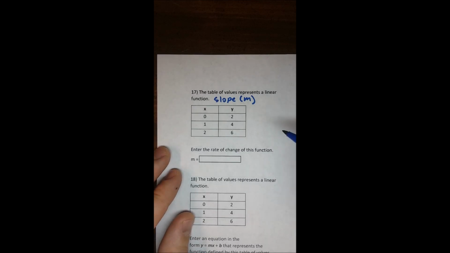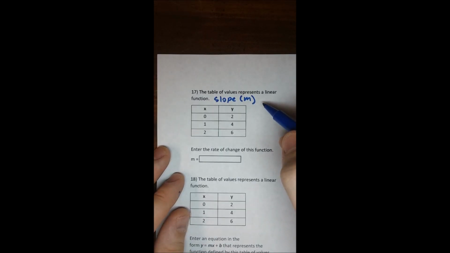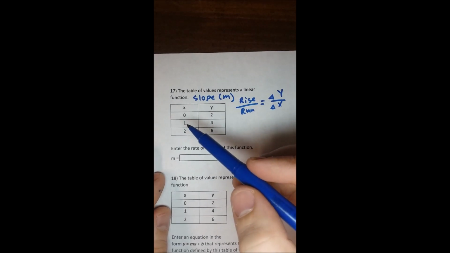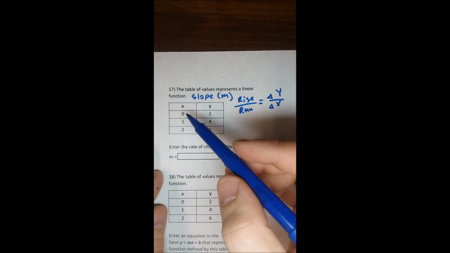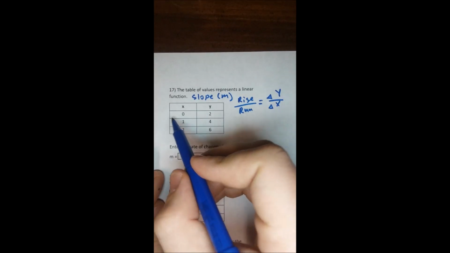Next two questions, I'm going to show you a little trick how to find m very easily. So you know that slope is rise over run, or simply put, change of y over change of x. So we need to find out what the change of y is and what the change of x is. Pick any 2 points, any 2 entries basically.